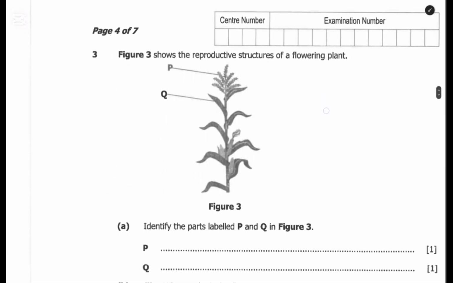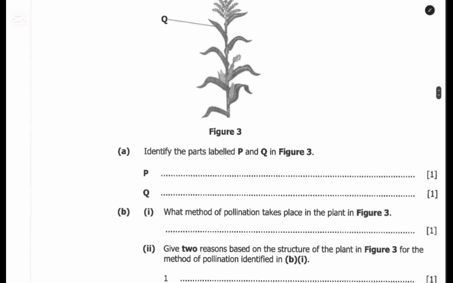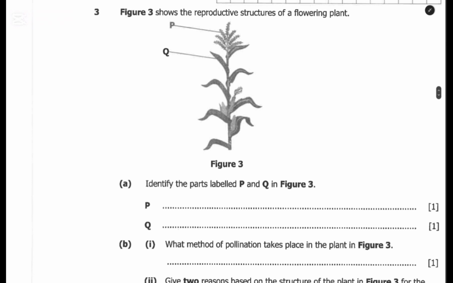So this question also is one of its kind that appeared for the first time. The phrasing is cool, and this is where some learners faced challenges. Now the question reads, Figure 3 shows reproductive structure of a flowering plant. A. Identify the part labeled P and Q in figure 3. So as you can see the figure 3, what are the parts labeled P and Q?